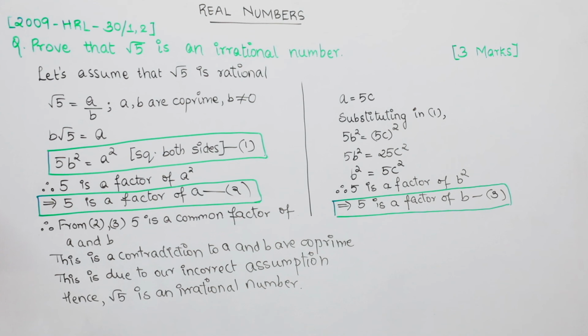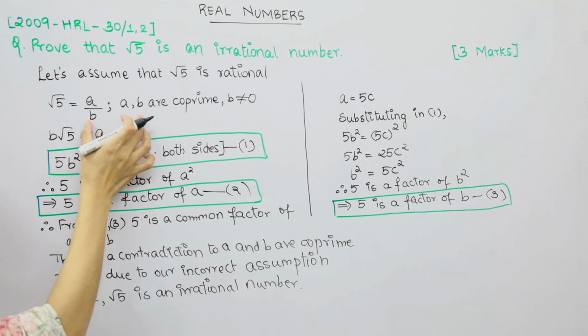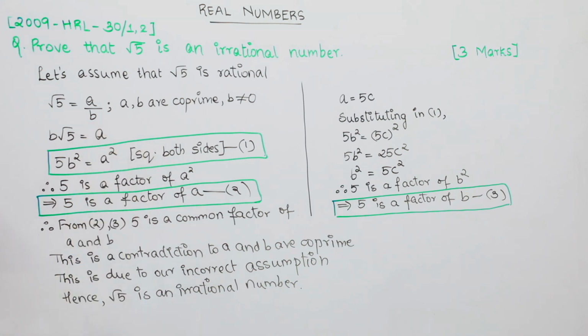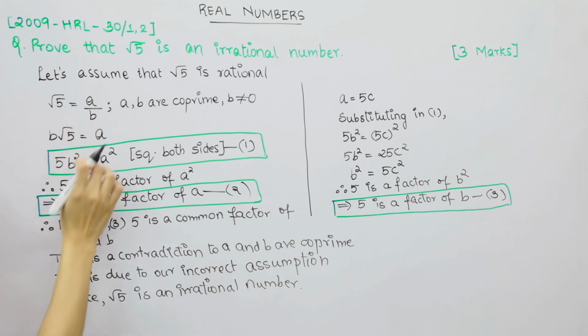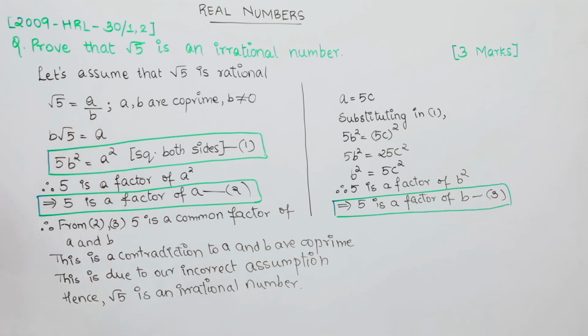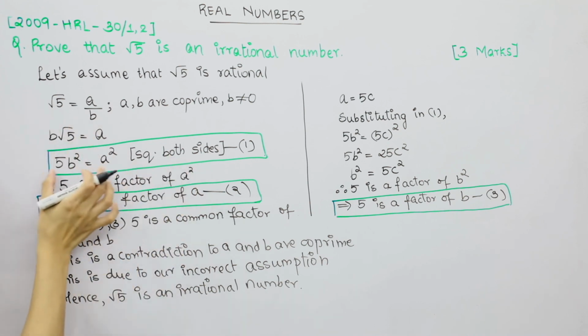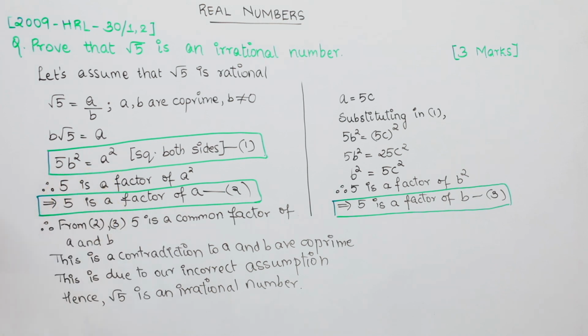So here we've expressed root 5 as a fraction of co-primes a and b, where b not equal to 0. Taking b to the left hand side, we get b root 5 is equal to a. Squaring both sides, we get 5b square is equal to a square, which becomes our statement 1. Therefore, 5 is a factor of a square, which also implies that 5 is a factor of a. This becomes our statement 2.